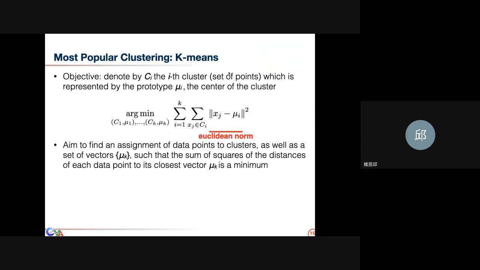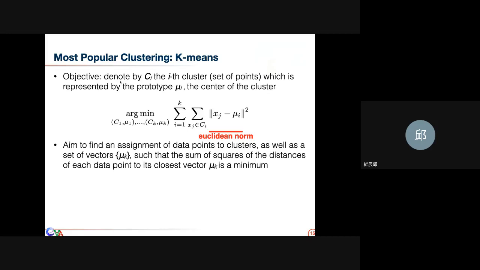So that's now going to introducing different clustering algorithms. The most popular clustering algorithm is k-means. Its objective can be described this way.